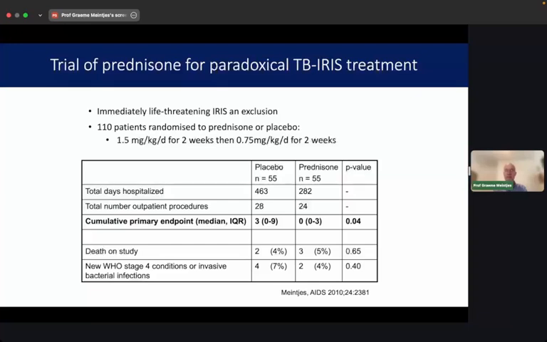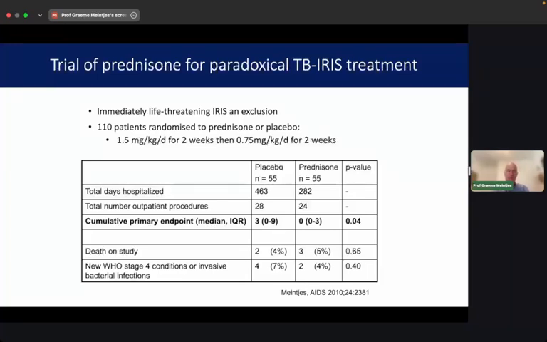We asked doctors at the primary care clinics to refer patients with suspected TB-RS to the secondary hospital. And if we did a diagnostic workup along the lines that I've shown you, and if we were convinced that the patient did have paradoxical TB-RS, as long as it wasn't life-threatening, we enrolled them and randomized them to receive prednisone or placebo.